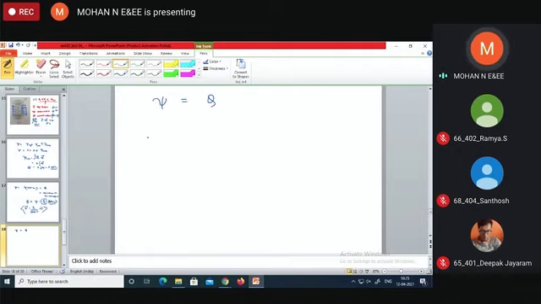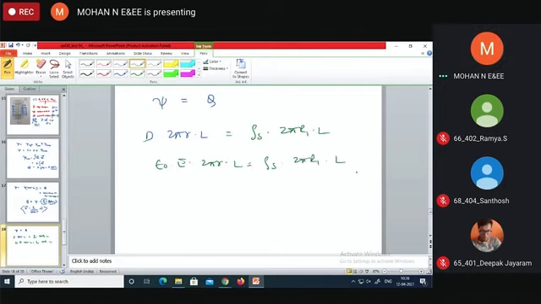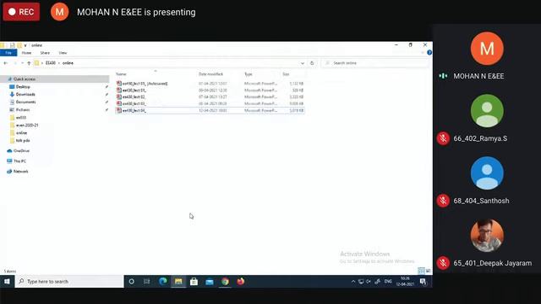The flux, we got to know as D into 2 pi r L, and the charge we got to know as rho s into 2 pi r1 into L. And D I can write in terms of the electric field, that is epsilon naught into E into 2 pi r into L, equals rho s into 2 pi r1 into L. So this 2 pi and 2 pi get cancelled, L and L get cancelled, and you get epsilon naught into E into r is equal to rho s into r1.